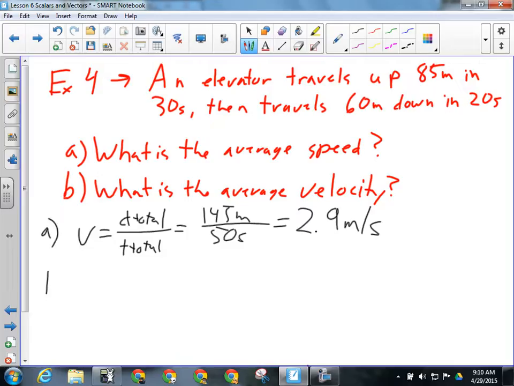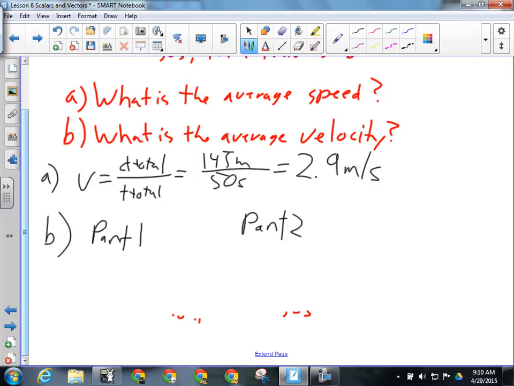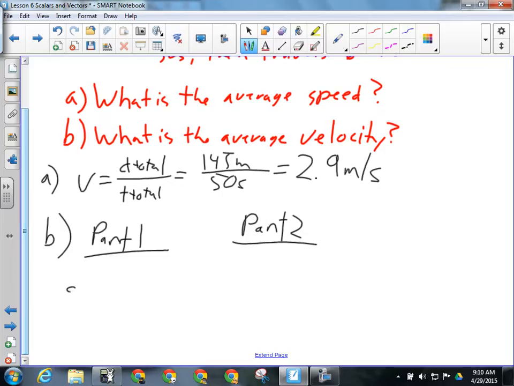That was pretty easy. For part B, also really not much harder. Yes, I've got a part 1 and a part 2, and I should probably write my givens that way. Part 1's displacement was 85 meters up, and that took place over 30 seconds.